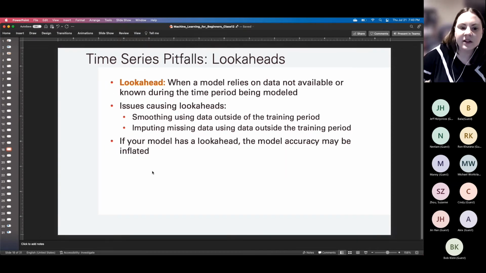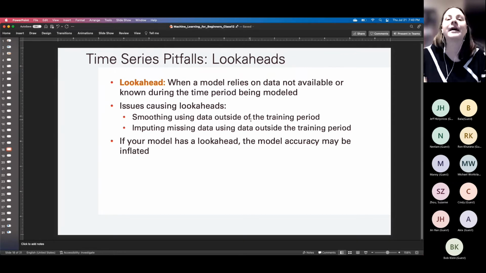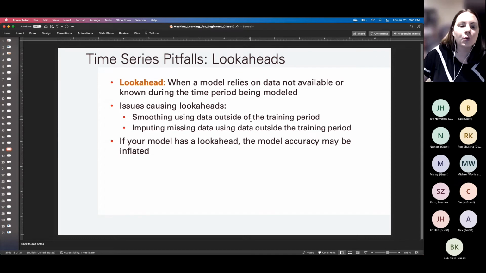Coming back to lookahead, you also need to be careful about it when you smooth your data. You can only use data after the data point to smooth. Otherwise your model is going to have inflated accuracy, more than it will have at prediction time in deployment. So just something to be aware of.